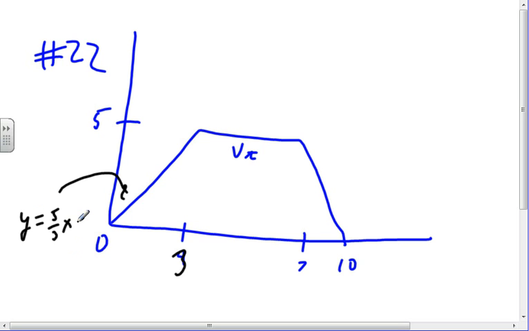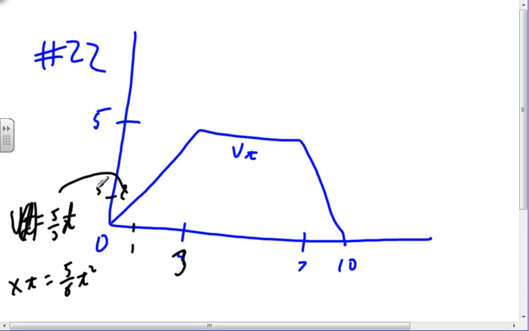So my velocity at time t is 5 over 3 t. My position at time t is going to be 5 over 6 t squared. So at 1, I'm going to be 5 over 6.